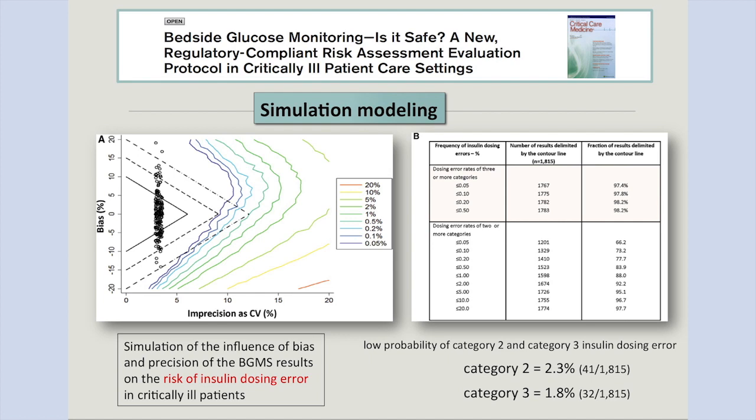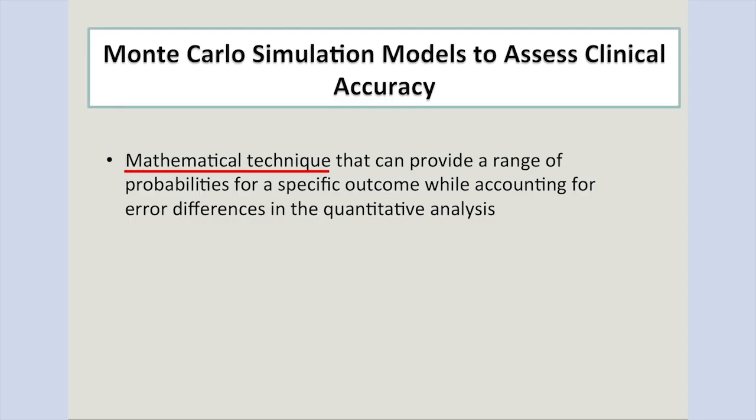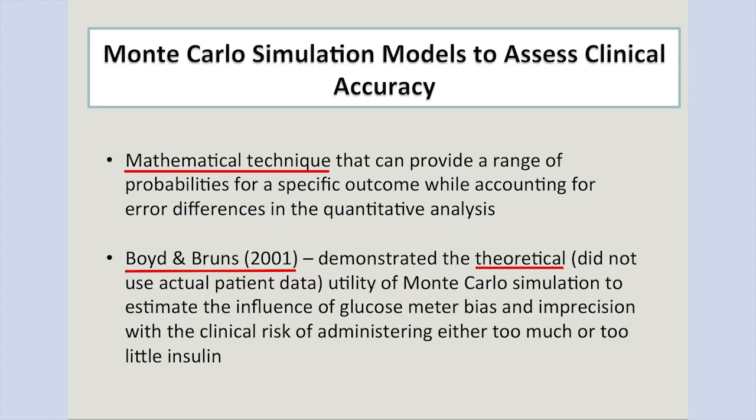So we used a computer simulation modeling called Monte Carlo simulation modeling. My husband and I did this together, and this has been done for quite some time. It's a mathematical technique, and the real creative guys getting this started in the whole area of glucose meters are Boyd and Bruns, and this was published back in 2001. They did the initial work.